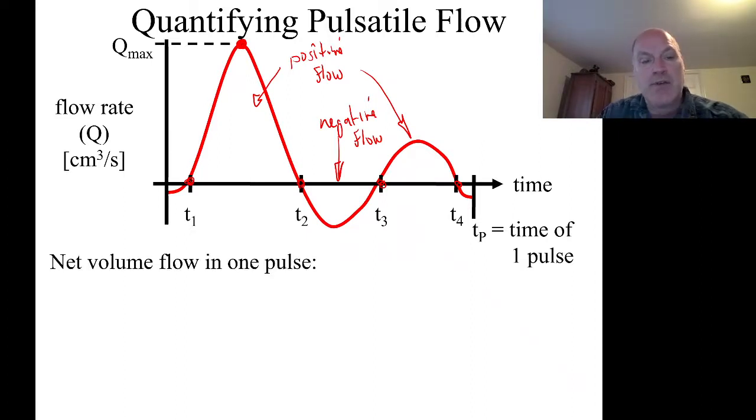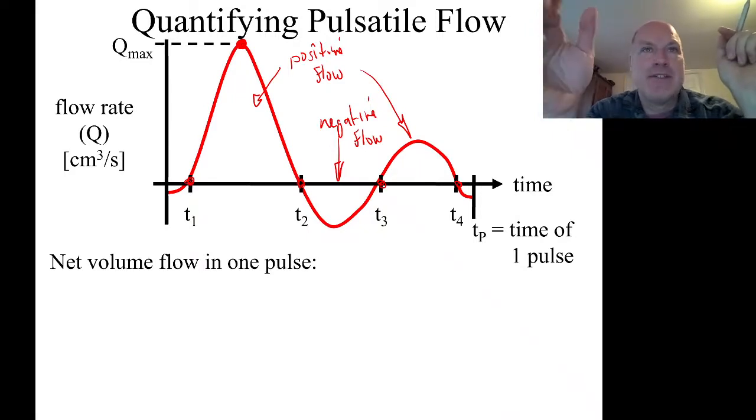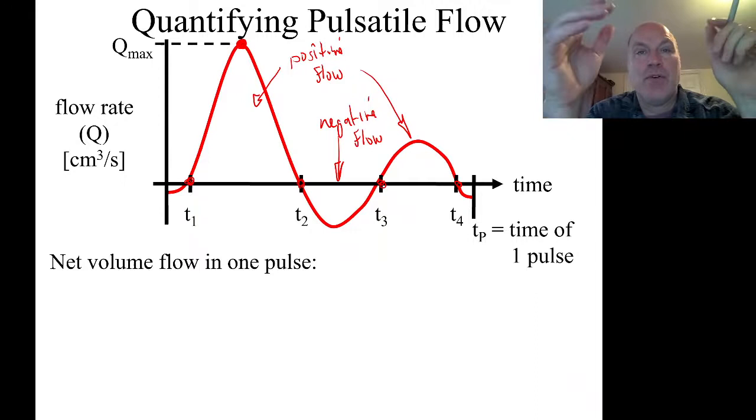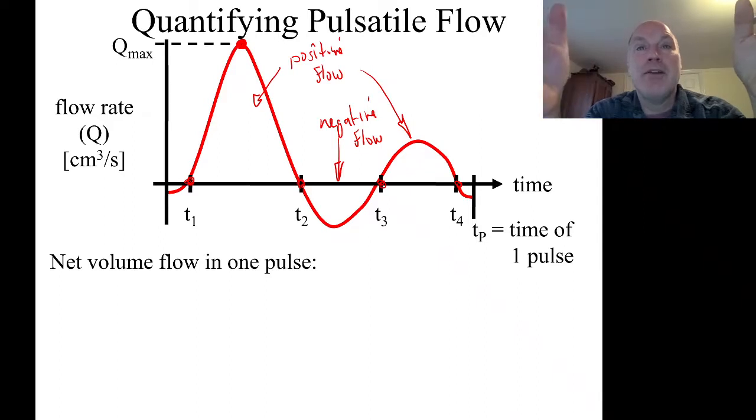The main goal in analyzing a curve like this is to figure out the volume flow of blood in one beat, whether that beat's happening in half a second or a second or whatever. What we want to know is how much flow, like is it a centimeter cubed? What is it per beat?